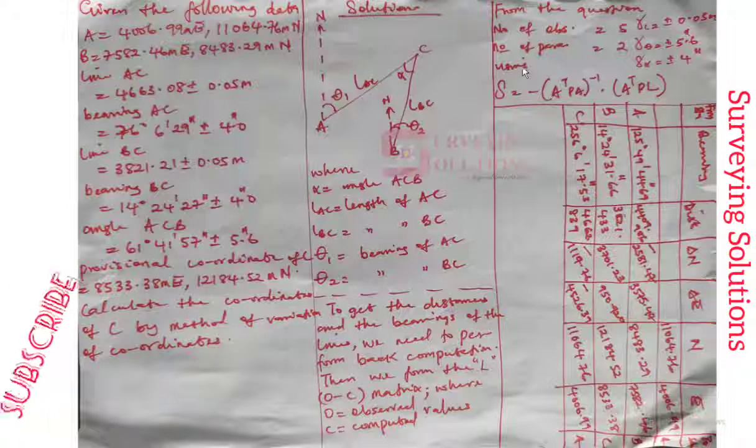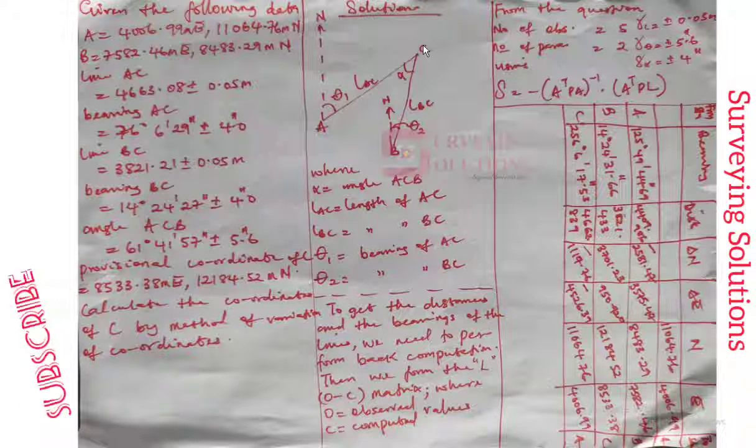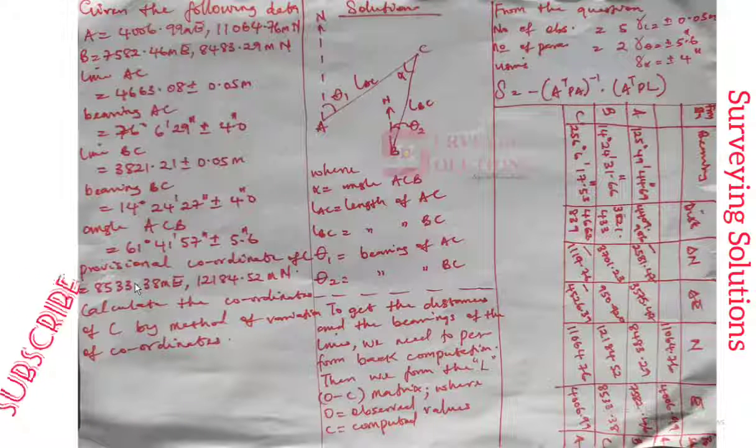Good. And then the number of parameters is 2, because what we need is delta northing and delta easting of station C, which we are going to apply to the provisional coordinate of C that was already given to us. Are we together?